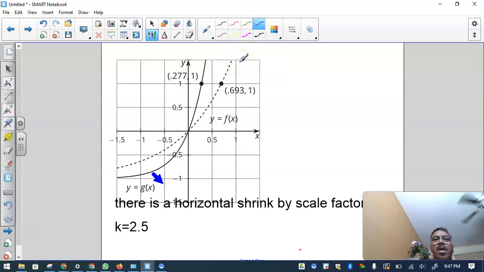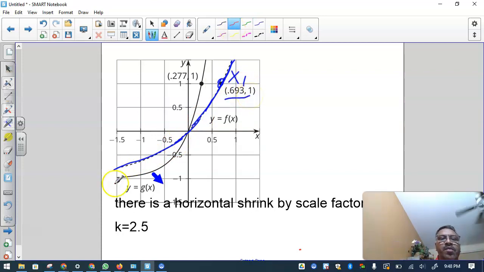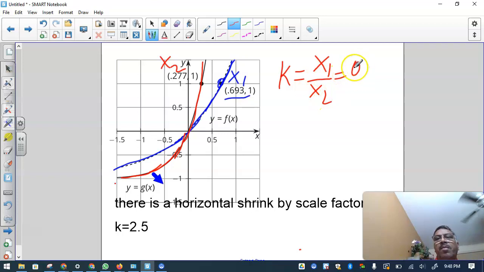So the blue one is the old one. Okay, so old is x1, and the new one is the g(x), this is the g(x), and g(x) is x2.